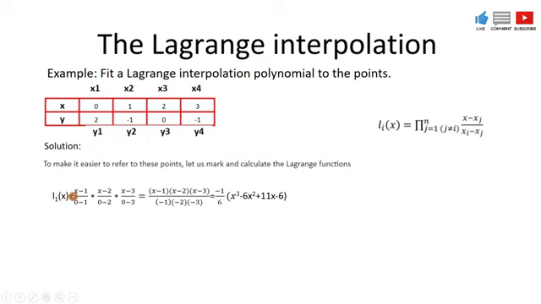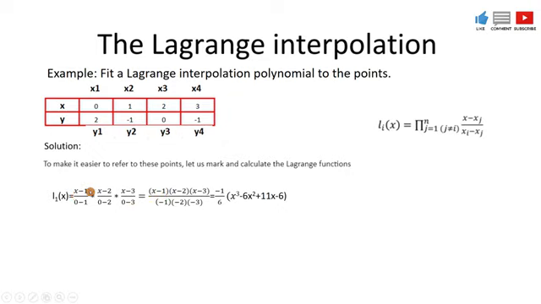L1 of x is equal to x minus 1, and x equal to xi here is equal to x1. So we have to fix x1. As we see, we fixed it at 0, 0, 0. So x minus 1 over 0 minus 1, x minus 2 over 0 minus 2, multiplied by x minus 3 over 0 minus 3.